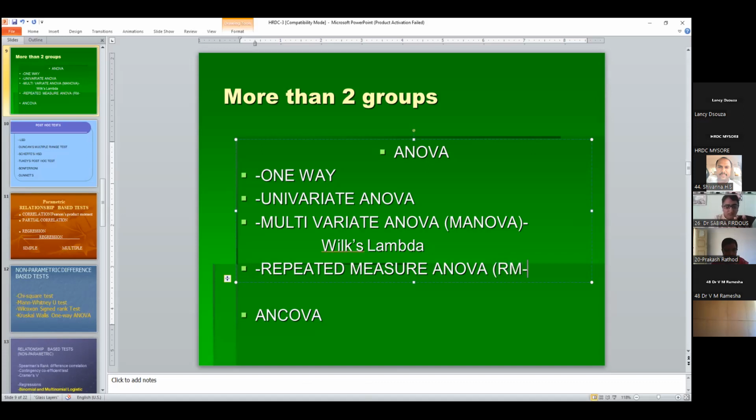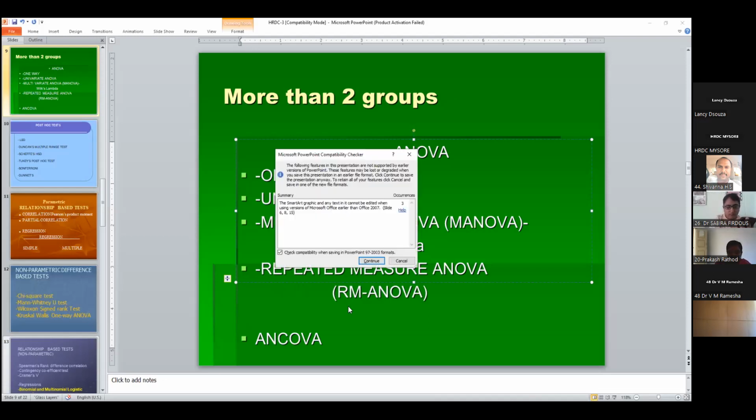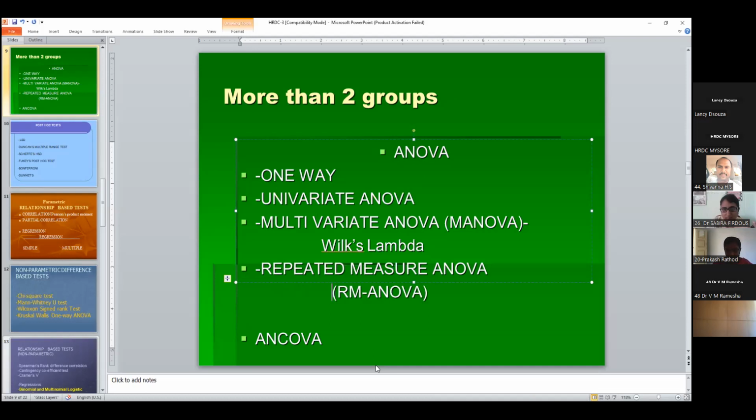Suppose you have a design where you have a pre-test, a post-test, and a follow-up. That means the same measurement goes 3 times. If the same measurement is taken on the same individual 3 times, then we go for a statistic called repeated measure ANOVA, or simply RM ANOVA.